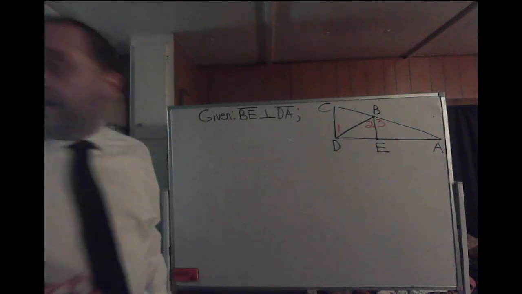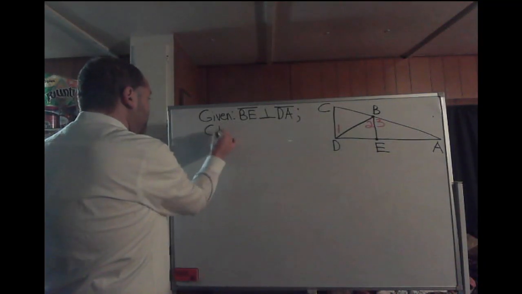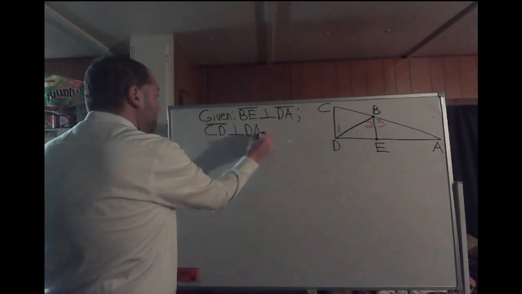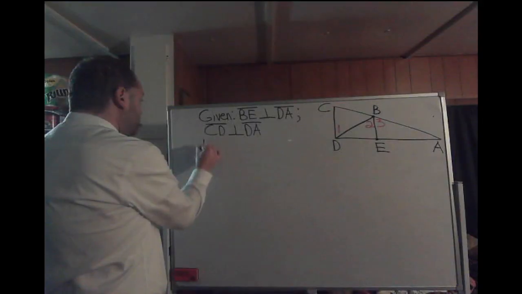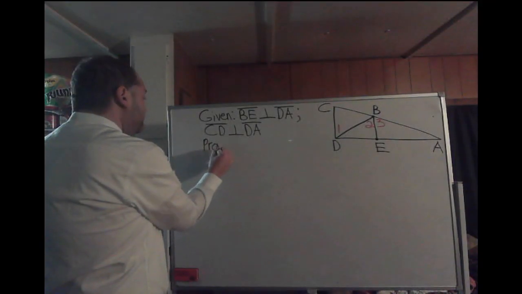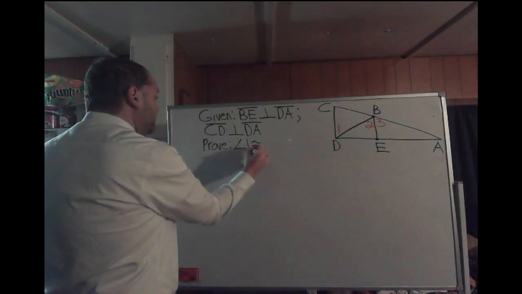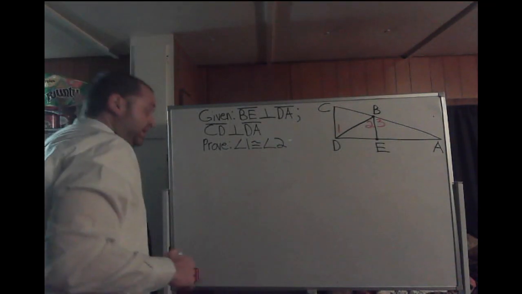And then we have that line segment CD is also perpendicular to line segment DA. They've given us that. We have to prove that angle 1 is congruent to angle 2. So this will be another fun proof.